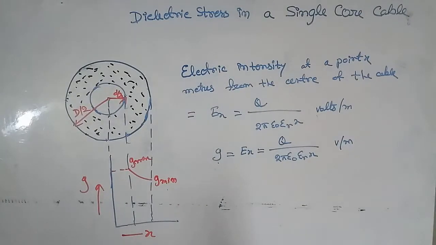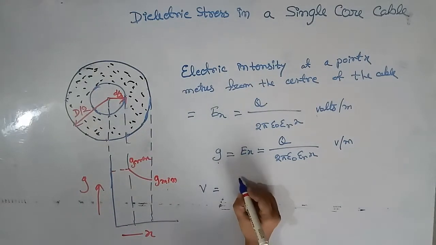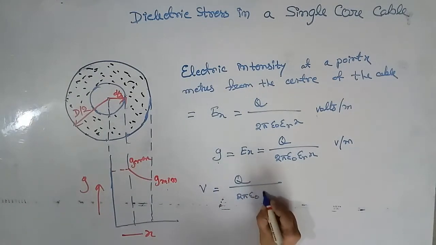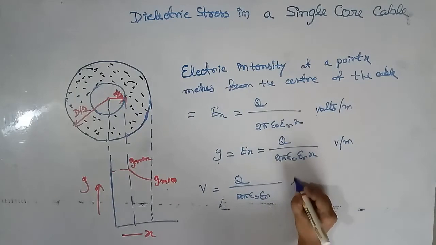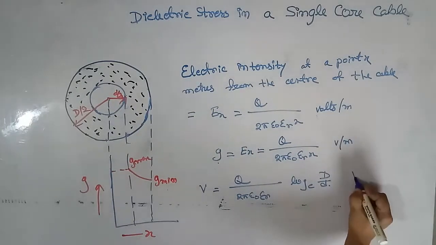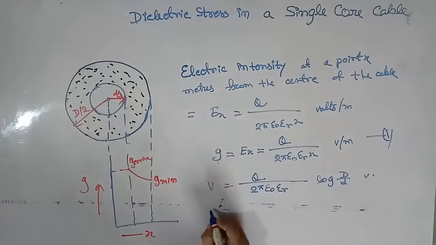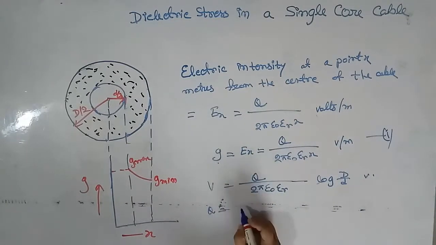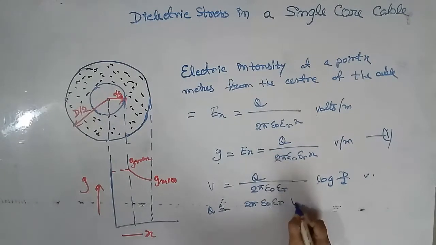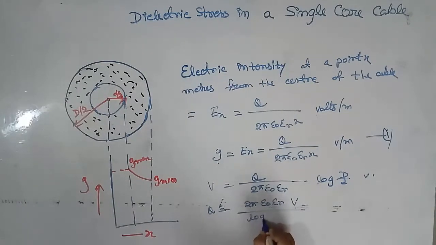Now potential difference V between conductor and sheath, we have already derived this expression: V equals Q by 2 pi epsilon 0 epsilon r log e capital D by small d volts. And so we determine the value of Q equals 2 pi epsilon 0 epsilon r into V by log e D by d.